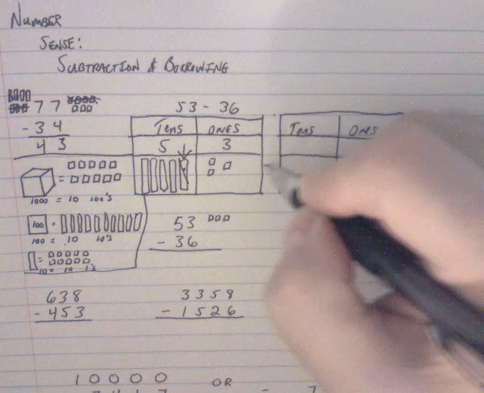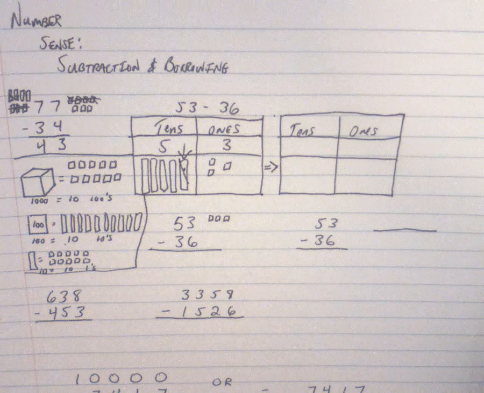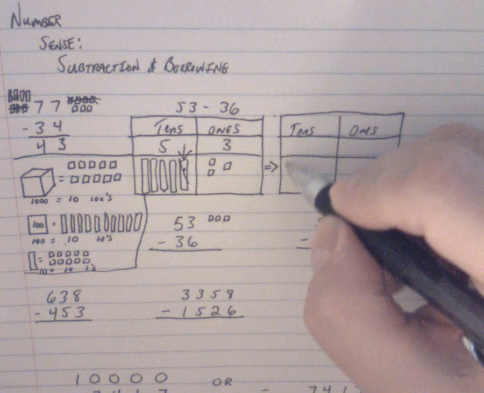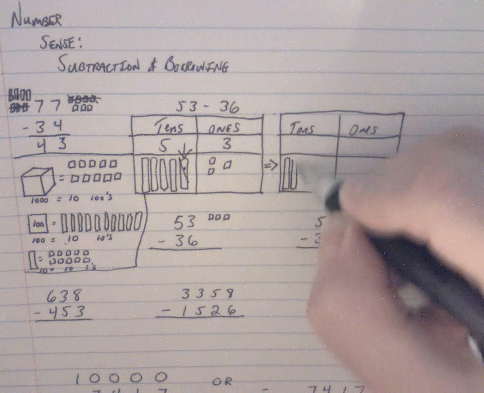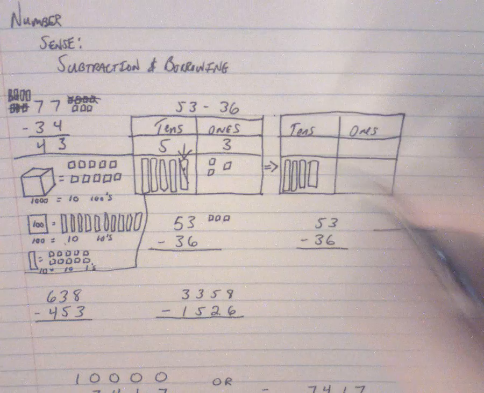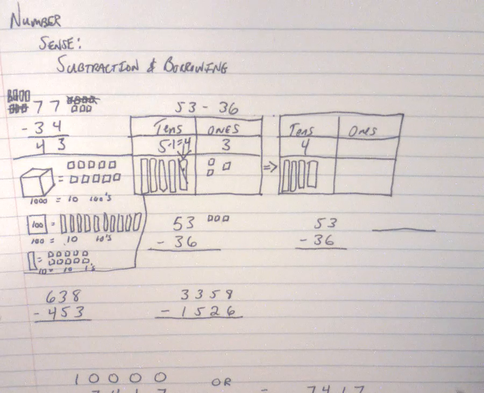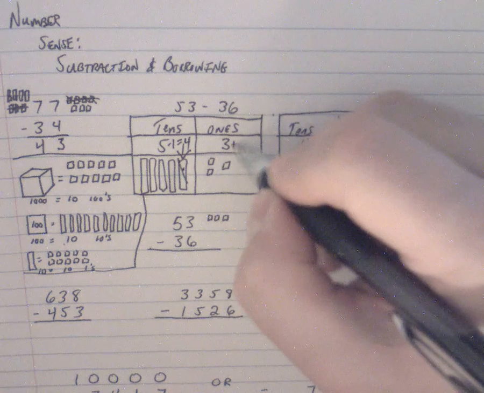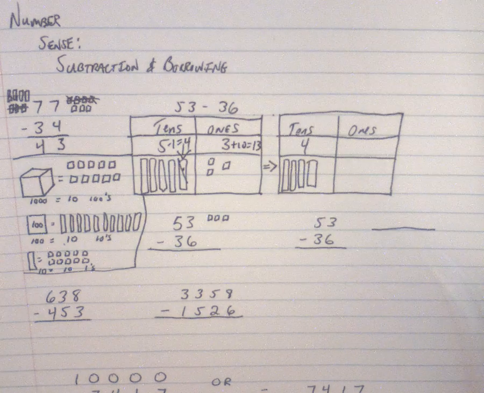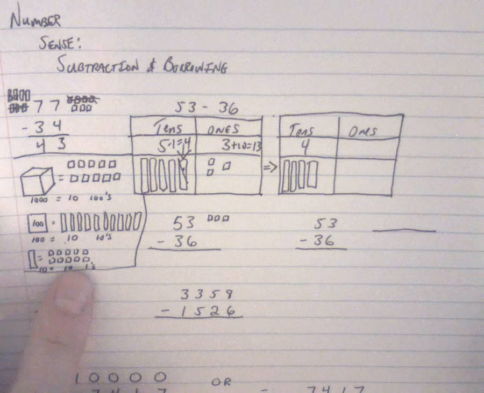So my new picture is going to look something like this. I'm going to take 1 away, so I'm going to be left with 4 tens blocks, because 5 minus 1 equals 4. Plain and simple. 3 plus 10 equals 13, because remember what I said, 1 ten block equals 10 ones.